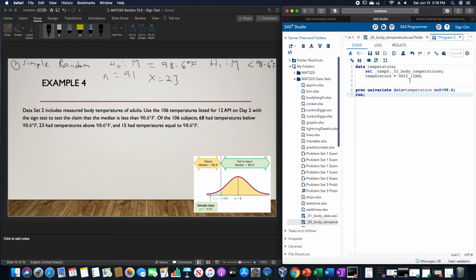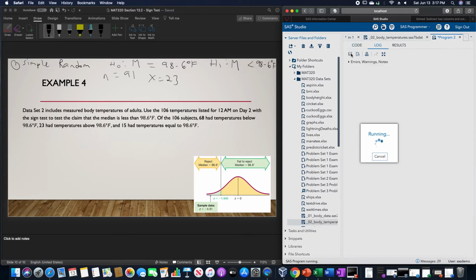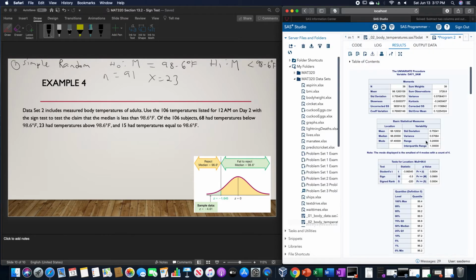Temperature is equal to day 2 underscore 12 a.m. And then proc univariate data is equal to temperature, mu 0 is equal to 98.6.